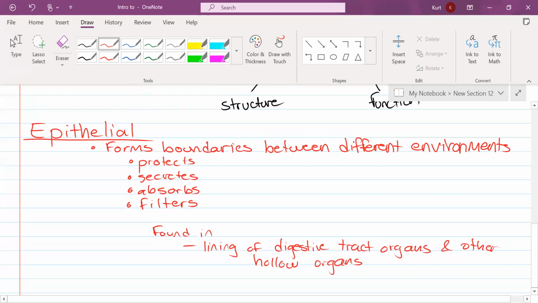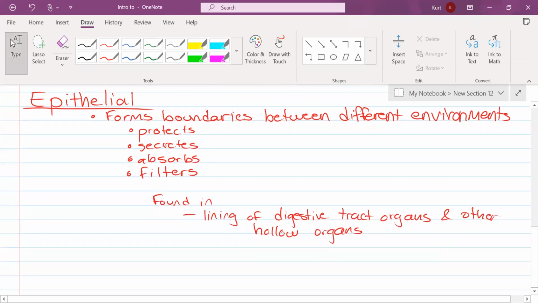So your esophagus, your stomach, your intestines, maybe a little bit of the uterus and blood vessels, those are hollow too. It's found in glands. You've already said that's the endocrine system. And the skin surface. What system does your skin belong to? The integumentary. That's the tough one to remember. Big word. So I'm going to tell you guys that when you have your test on tissues, here's what we're going to do.